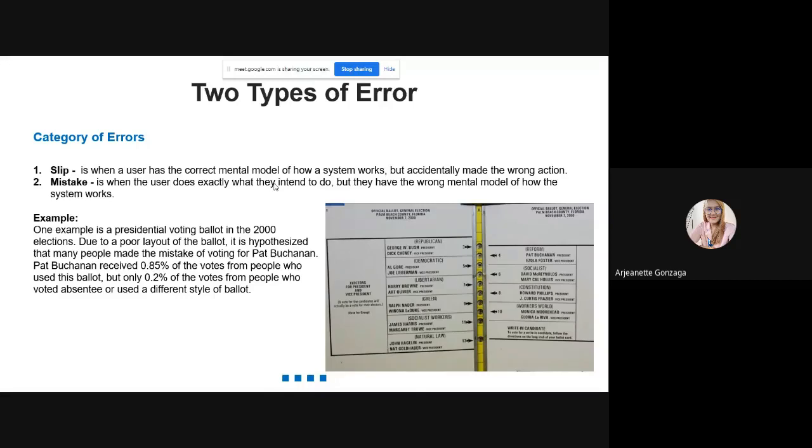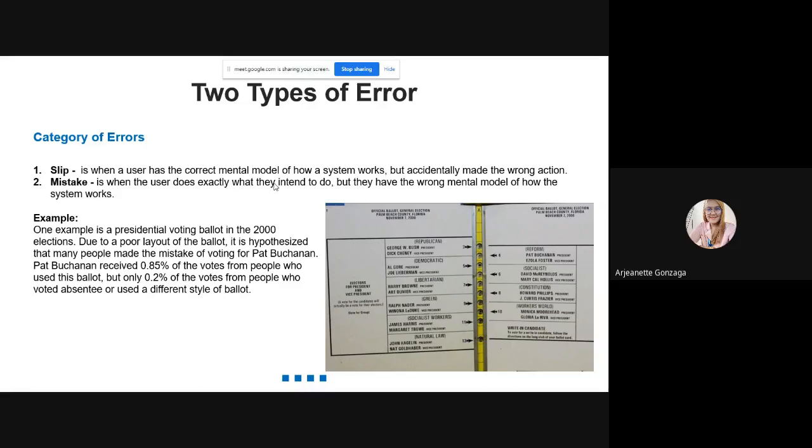So namely the difference between a slip and a mistake. So ang slip is when a user has the correct mental model of how a system works but accidentally made the wrong action. And the mistake naman is when the user does exactly what they intended to do, but they have the wrong mental model of how the system works.